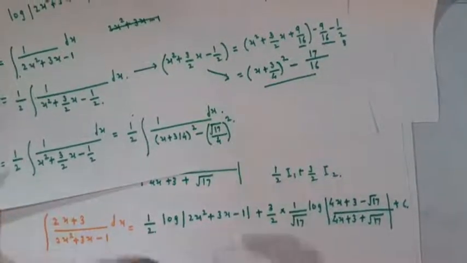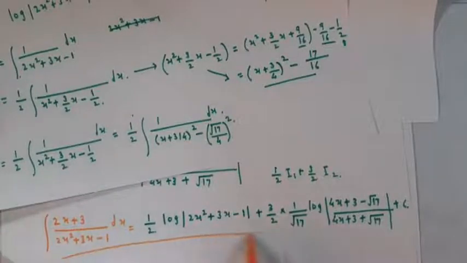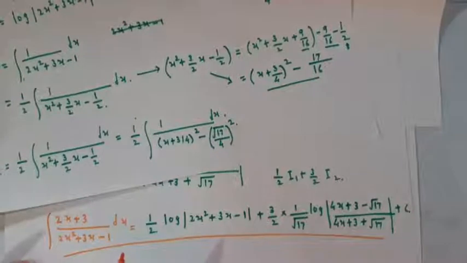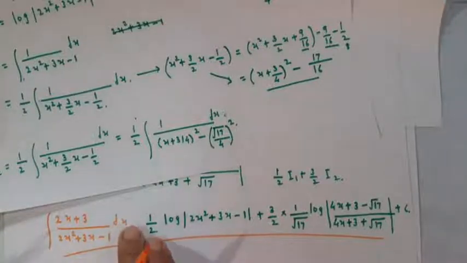This is the solution for the problem. Okay students, the problem is quite lengthy, but it is not difficult. Step by step you have to solve. It is very easy. Okay, in this way you have to solve the problem.